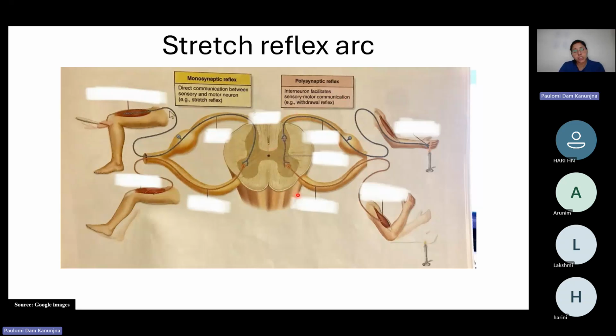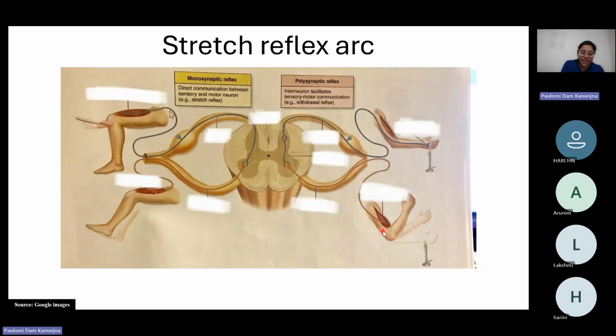Between the sensory and the motor neurons, you have the interneuron, as you can see here. This is your sensory neuron. It passes the information to the interneuron. The interneuron takes the information to the motor neurons. So poly means multiple neurons, and mono means just two neurons, with just one synapse between them.